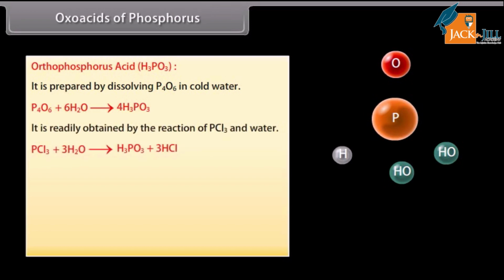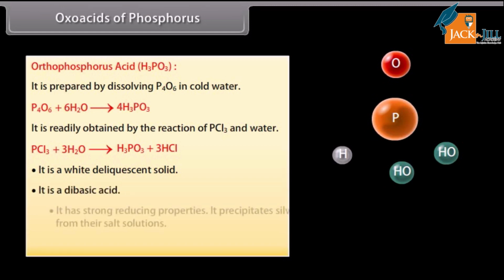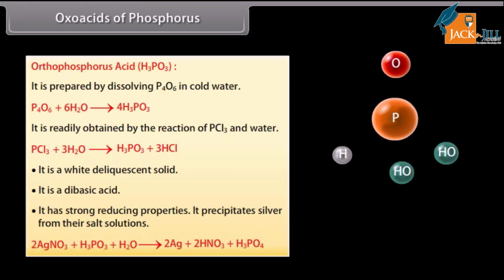It is readily obtained by the reaction of PCl3 and water. It is a white deliquescent solid. It is a dibasic acid. It has strong reducing properties. It precipitates silver from its salt solutions.